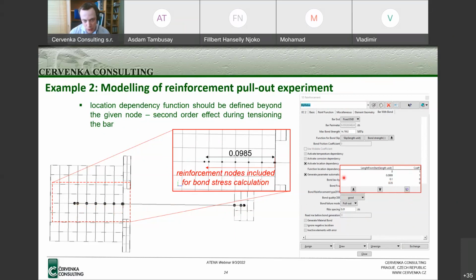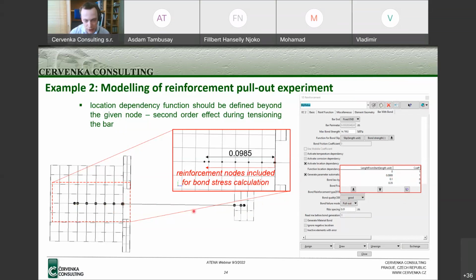So the function will look like this: at the start of the reinforcement, which I determine by the orientation of the polyline, I know that this is this point. So at the location 0, my coefficient, my relative strength of the reinforcement, is 1. Just before the boundary node, 0.1 millimeter before the boundary node, I still have the relative strength 1.